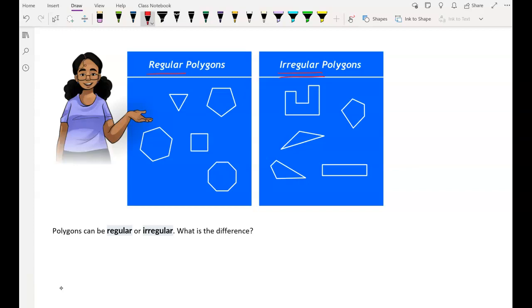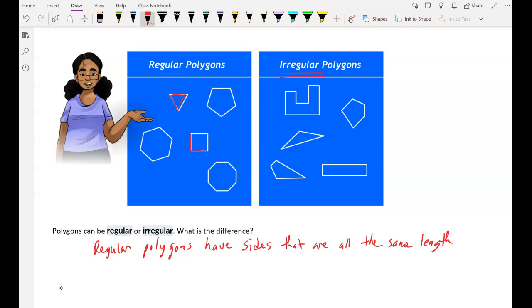Regular polygons have sides that are all the same length. In this triangle, all the sides are exactly the same length.